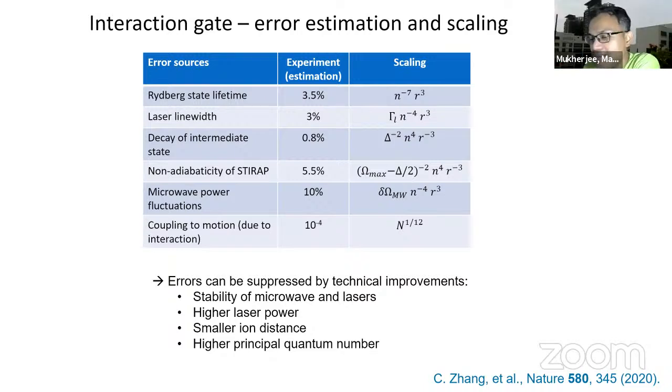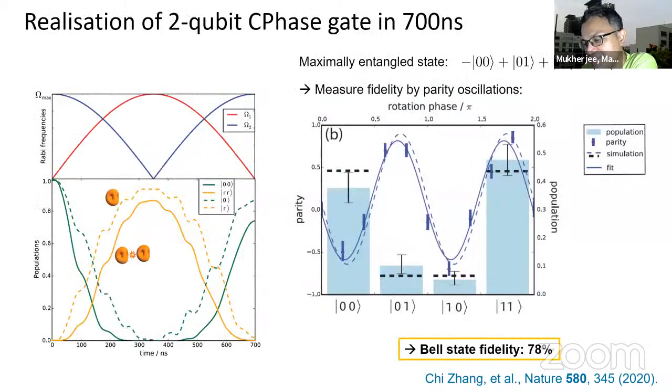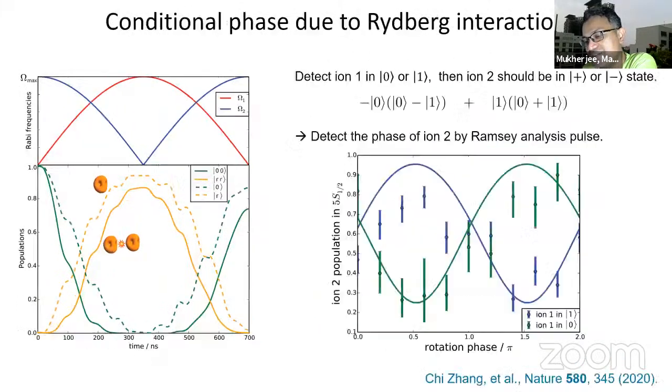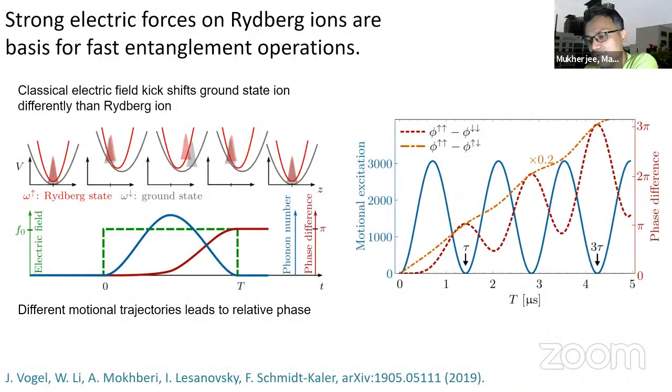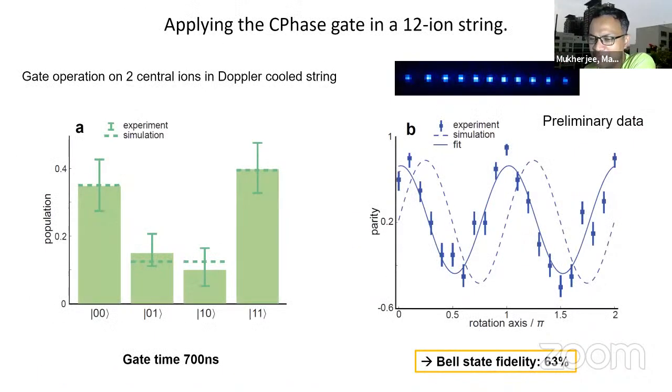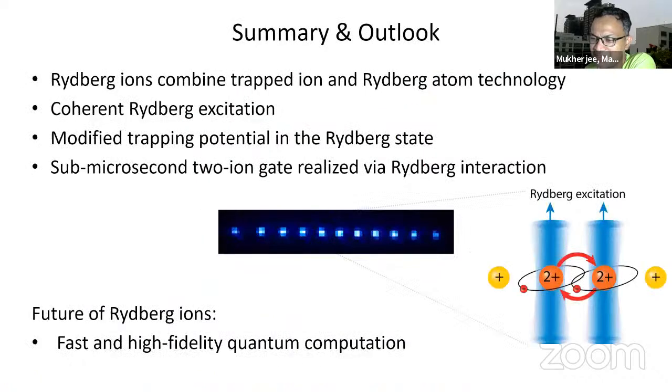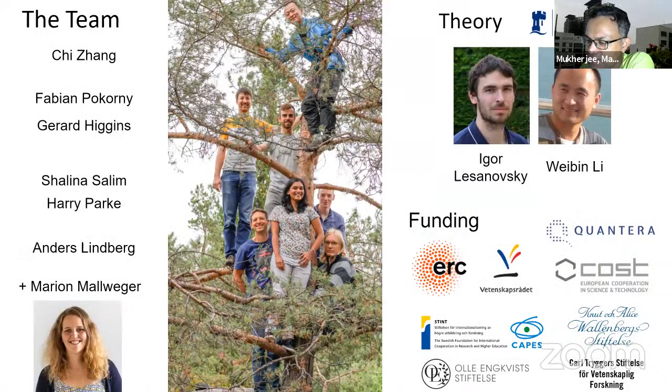Okay, if I may ask one question, can you go a few slides to the front? Meaning towards the end? Towards the end. Yes. One more. I think the last one probably. Oh, yeah, here. So you show here two Rydberg excitation lasers, right?